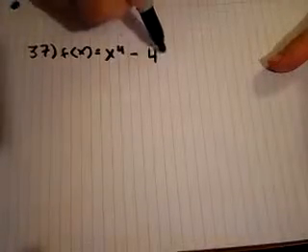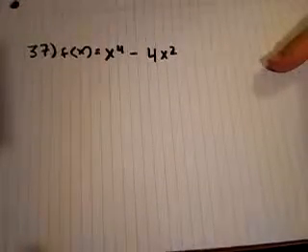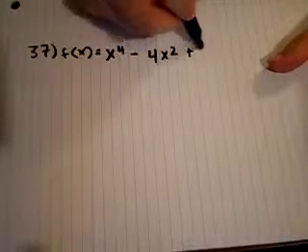Number 37's problem says f of x is equal to x raised to 4 minus 4x squared plus 3.